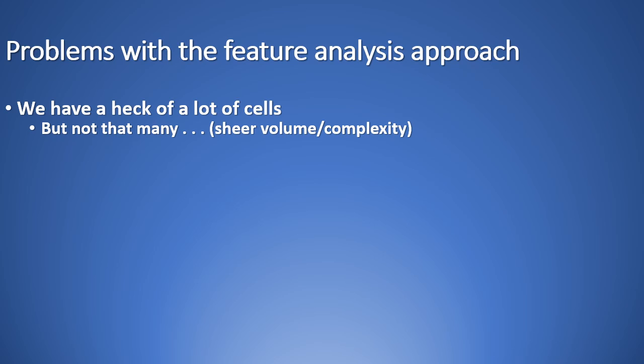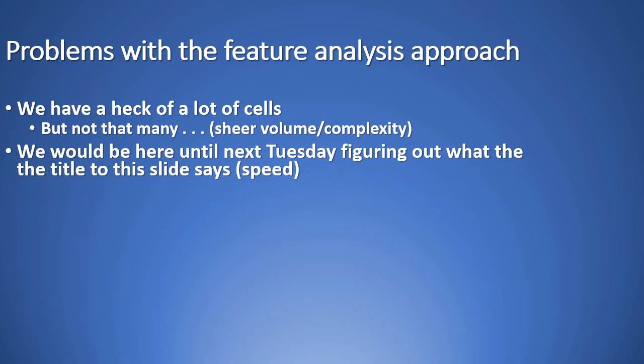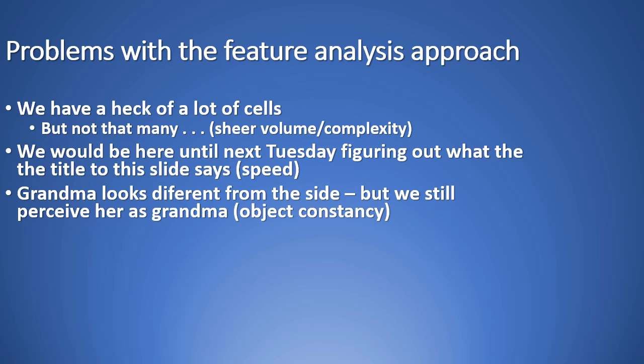The sheer complexity and volume of having cells that can detect or recognize very specific objects is mind-boggling. The number of objects that we would need to know and the number of cells we would need to have. And in fact, we would be here until next Tuesday really just trying to figure out what the title of the slide says. So speed isn't a problem.